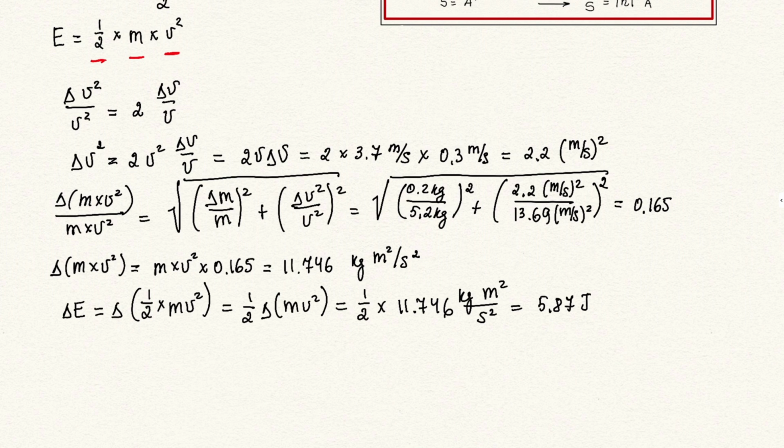That's it. Now I can write my answer and round up my errors, and I get 35.6 plus minus 5.9 joules. Boom. And that's how you do error propagation. Now you can go and do your lab report.